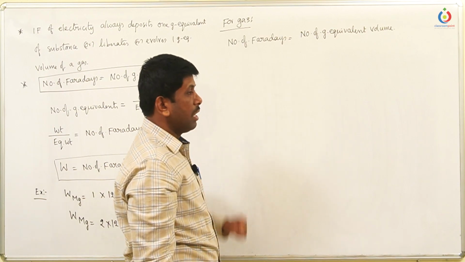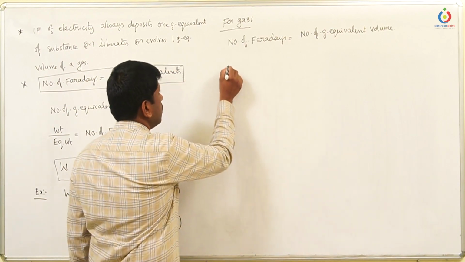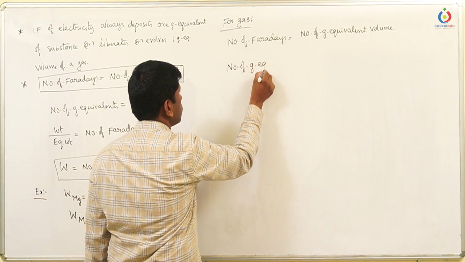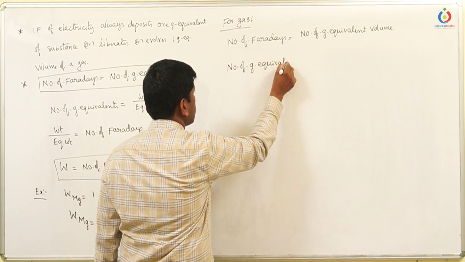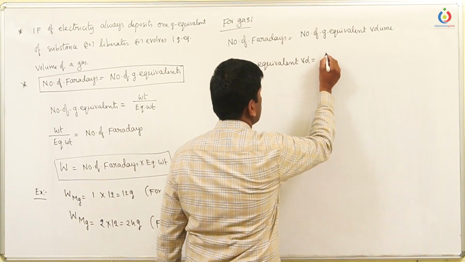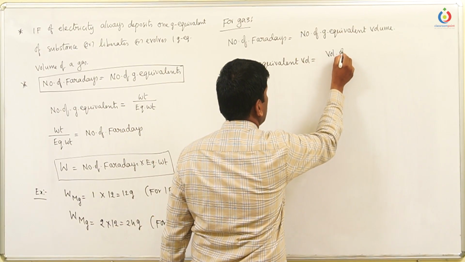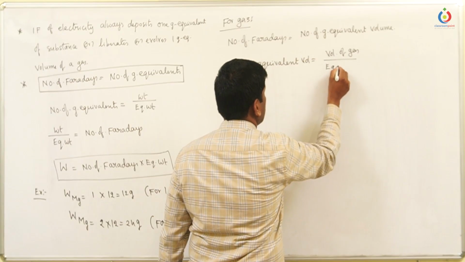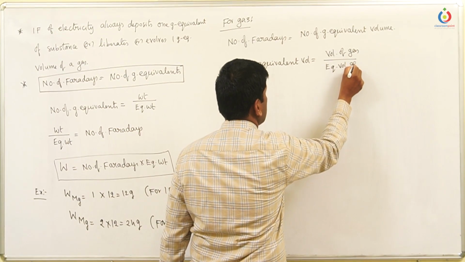Then how do we calculate the number of gram equivalent volumes? Number of gram equivalent volumes is equal to volume of gas at STP divided by equivalent volume of gas at STP.